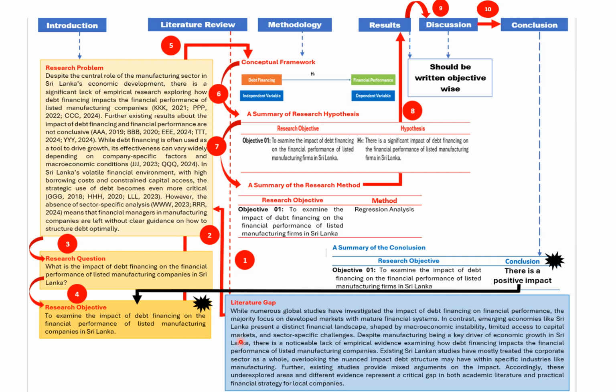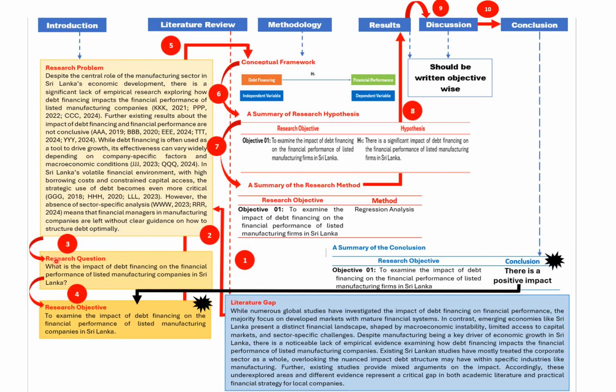So based on this literature gap, you are going to write the research problem, that is number two. Based on this literature gap, you are going to write it as a problem under the research problem in your introduction chapter.